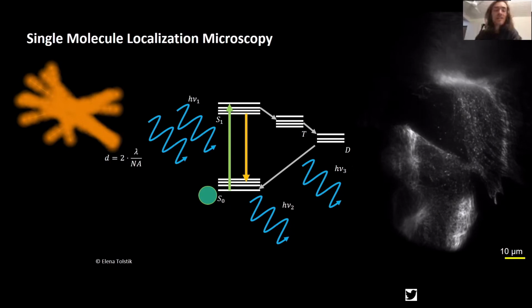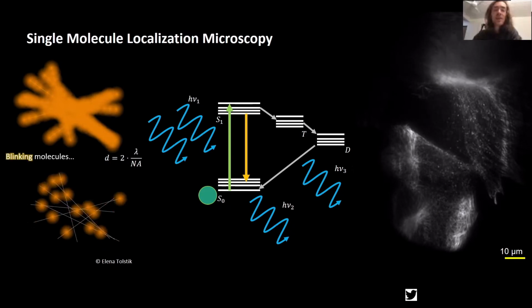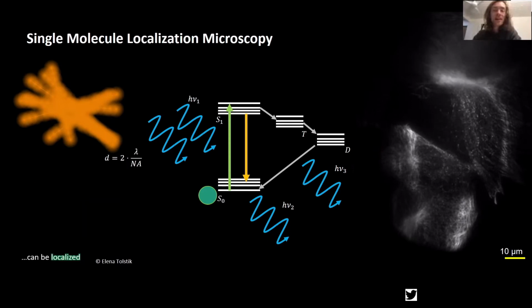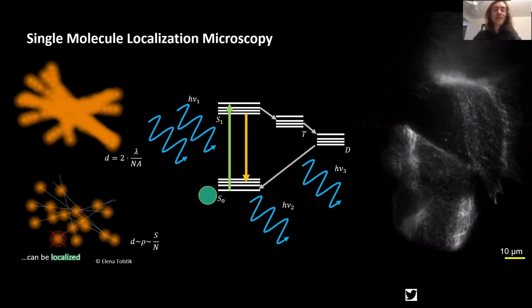And with that, it's possible to not have a continuous emission of your fluorescent sample, but rather a blinking, which you see here on the right-hand side. So with this, the resolution per se is not improved at all, but you can do statistics on this video stream now.